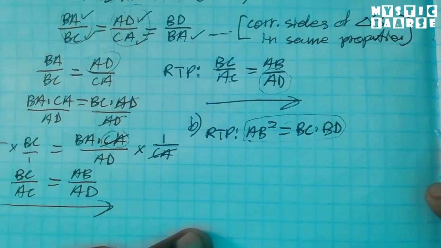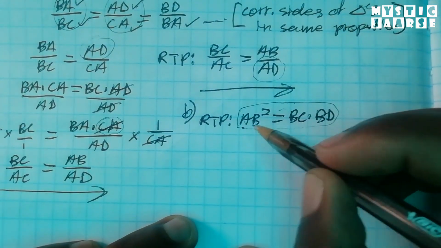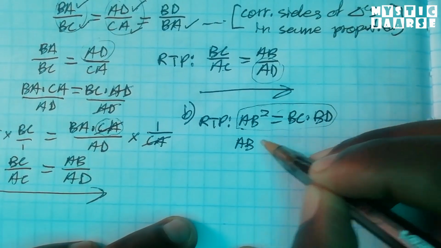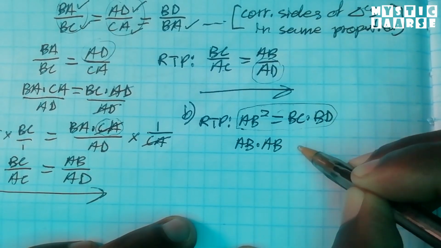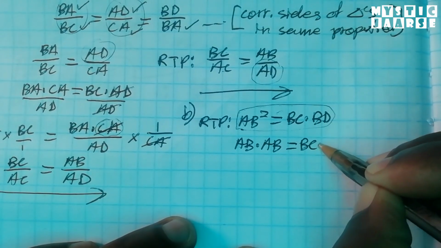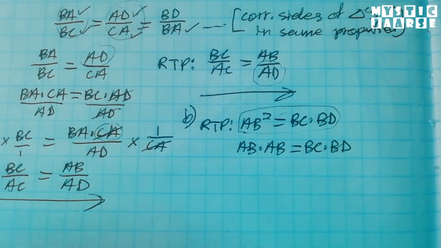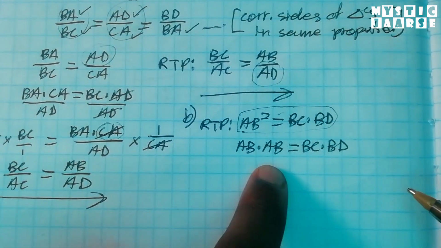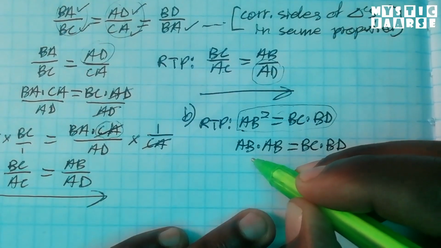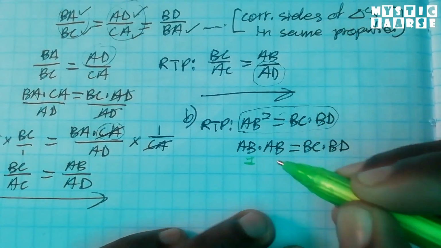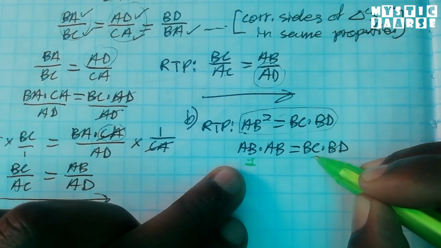So the way to do that is to expand. So we have AB squared, you get it when you multiply two ABs together, is equal to BC times BD. Now this is what you get after you cross multiply, right? So we need to just reverse it. So this is my first number, it is my numerator. This is my second number.